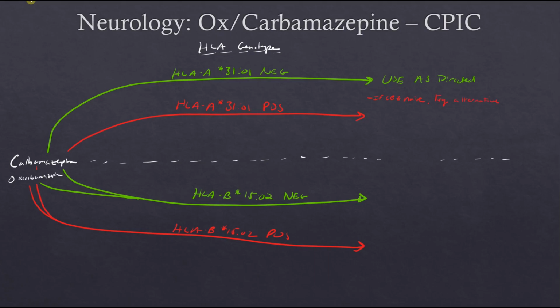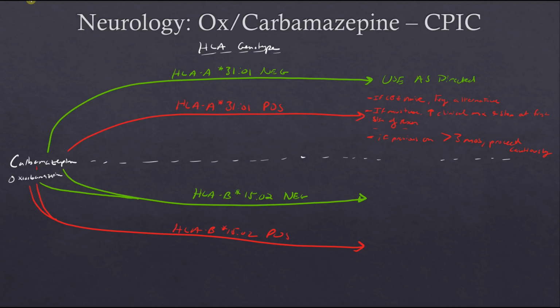Let's see what those are. If you must use it, they recommend you increase the clinical monitoring and stop at the first sign of any sort of hypersensitivity reaction. However, they also say if you're positive for *3101, but the patient's been on it previously for greater than 3 months, you can proceed cautiously.